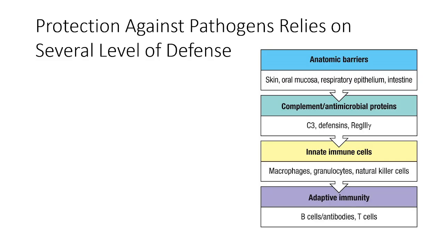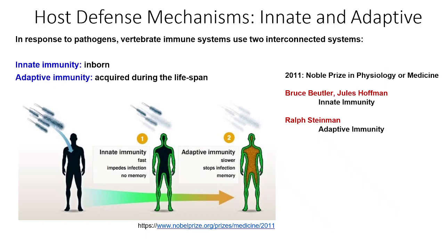And finally, the adaptive immunity, which is basically the B cells and the T cells. They are highly specific. It learns the identity of the particular pathogen first, and then creates a long-term memory, allowing for a faster and stronger response if the same pathogen ever returns. So it's more like a memory immunity.